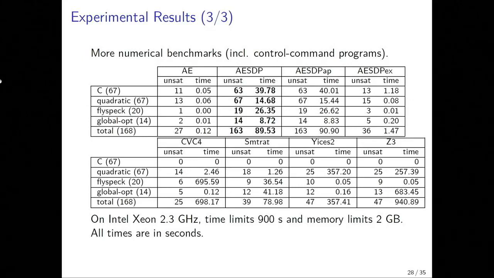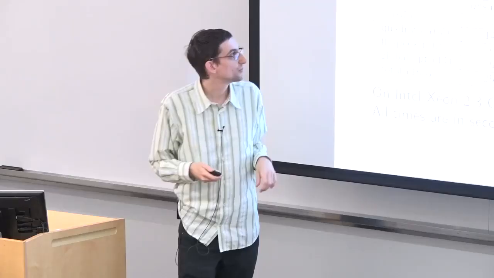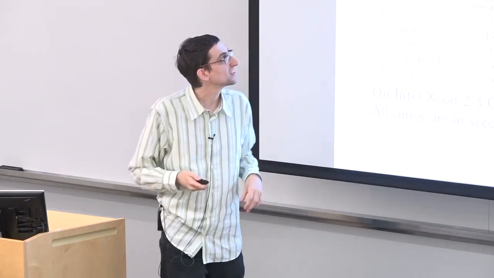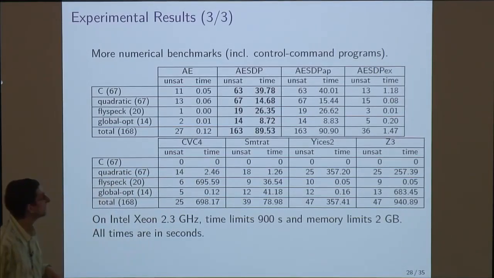And these are problems that come rather from the kind of problem I've seen in the beginning, so some internal loop of control command program, very simple ones, and trying to prove some quadratic or polynomial invariant. And here we are doing pretty well, and even better than other solvers, as we've seen in the beginning.